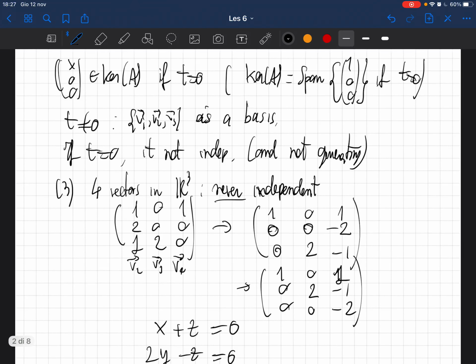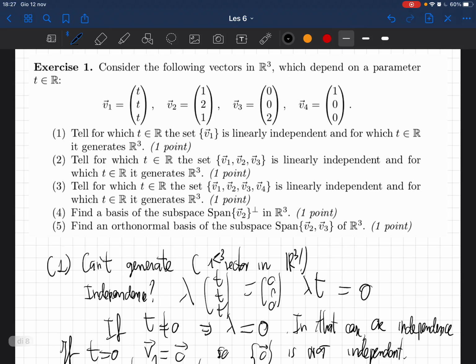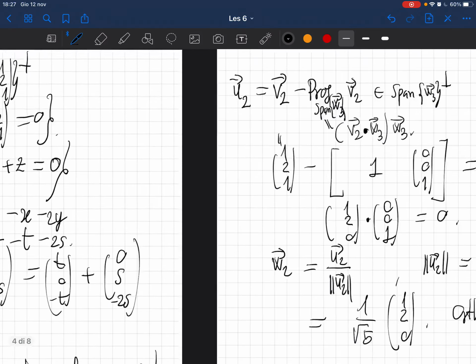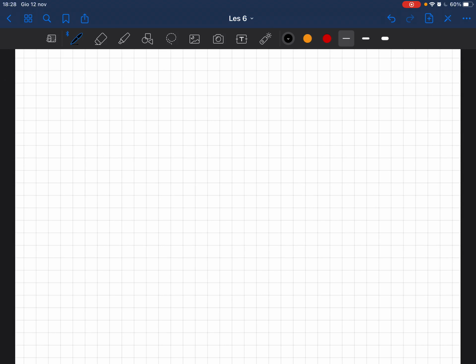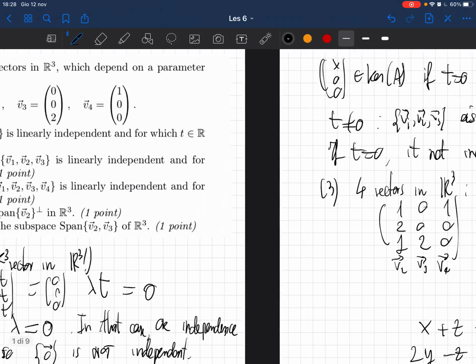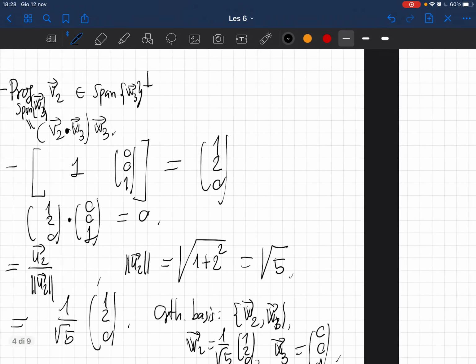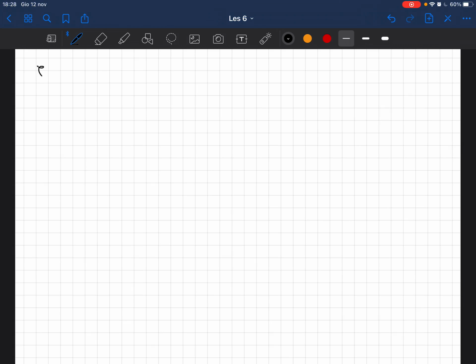We should have understood how to do stuff, and now let's write a nice solution, which as always should be readable, clear, and we'll see which details we will want to write down and which perhaps not, but yeah, let's see. So let's write nicely. Exercise 1.